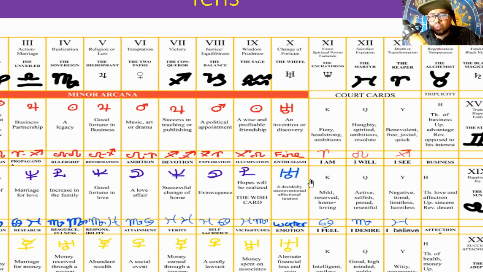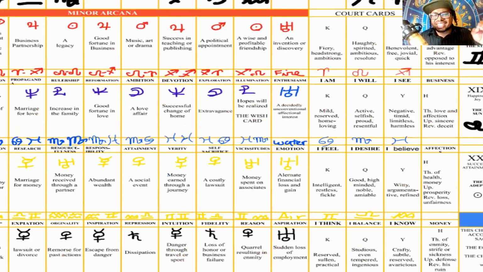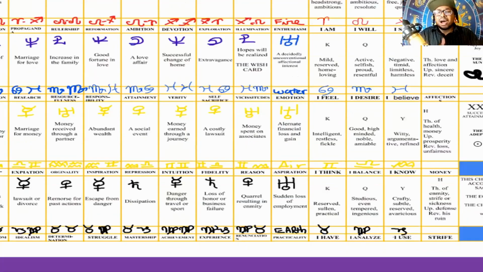When you're dealing with water, you're dealing with a decidedly unconventional, affectional interest. That's that eccentricity right there. Emotion is the theme. When you're dealing with air, you're dealing with alternate financial loss and gain. Just lost that. Well, I'm up again. Just hit the lottery.